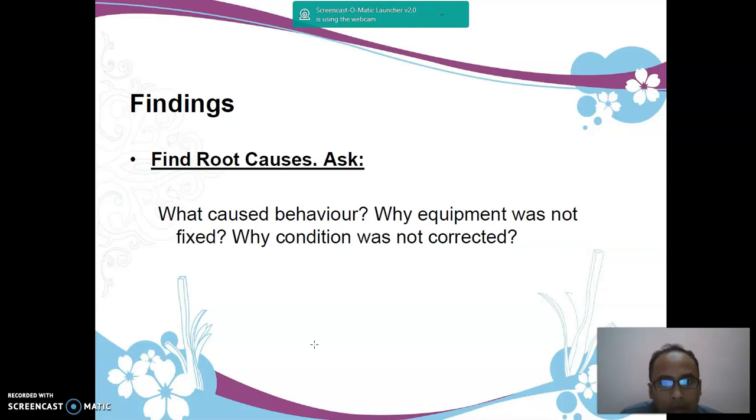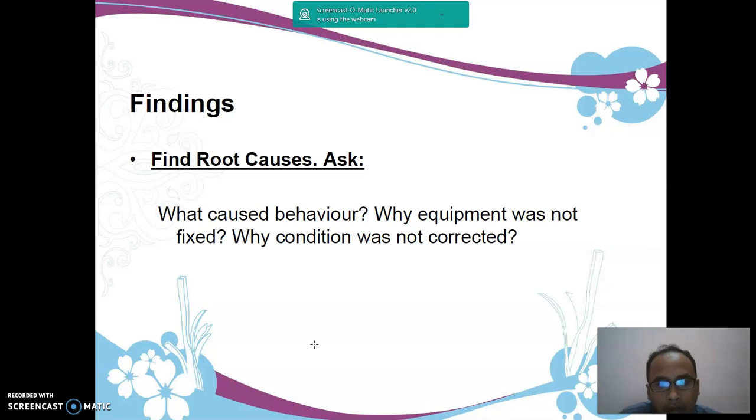In terms of the equipment, maybe you can ask why the equipment is broken. Is the equipment properly maintained? Is the equipment properly inspected? Does the equipment have a regular inspection? Maybe you can also look at the age of the equipment. So these are the things that you have to do.